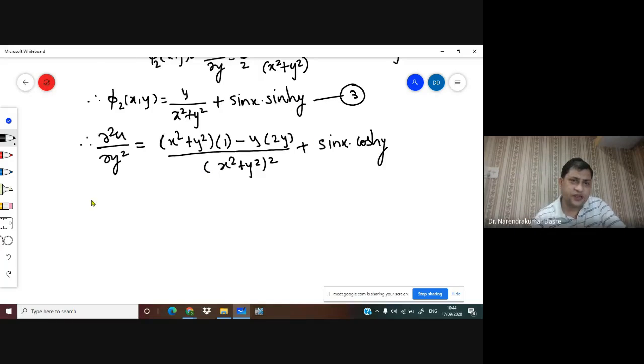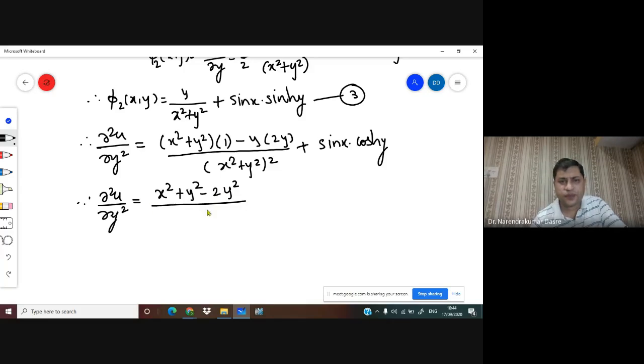If we simplify this, what we get is ∂²u/∂y² equal to (x² + y² − 2y²) upon (x² + y²)² plus sin x into hyperbolic sin y.